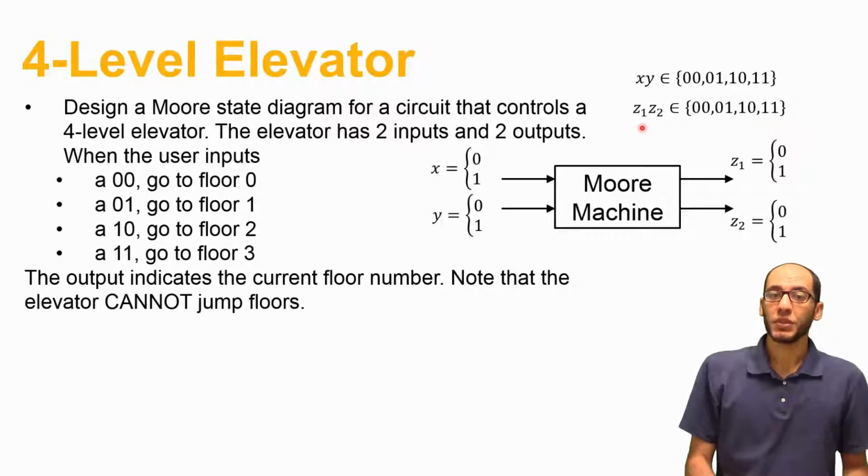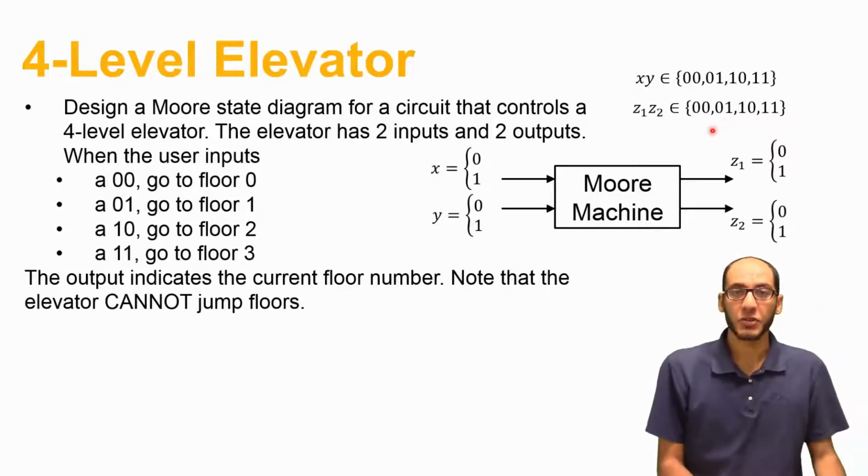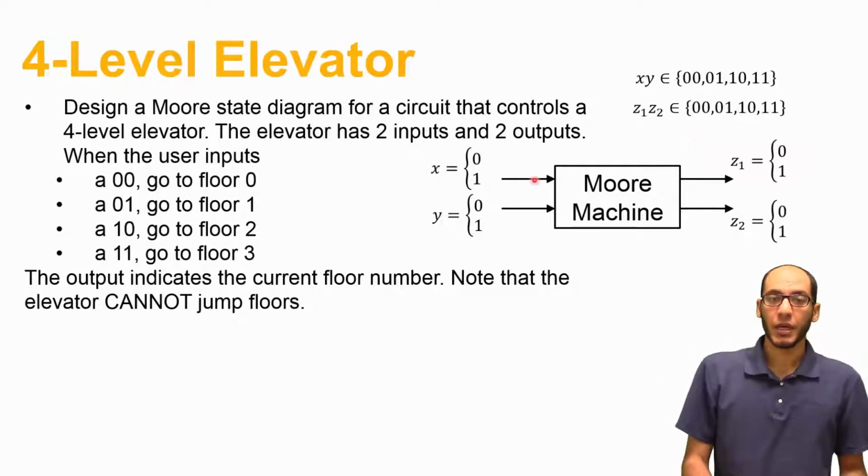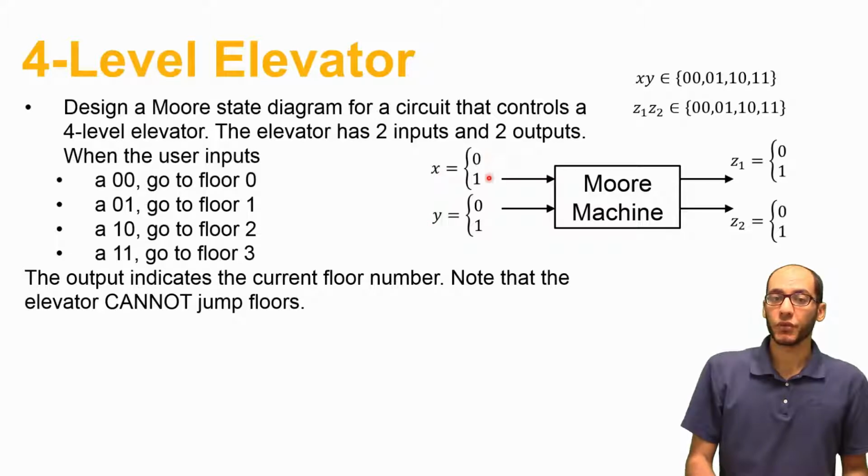When Z1, Z2 equals 0, 1, this means that Z1 equals 0 and Z2 equals 1, and it means that the user is currently at level number 1, at floor number 1. So that's the convention. Similarly, we have 2 bits of inputs, X and Y. Each one could take either a value of 0 or a value of 1.